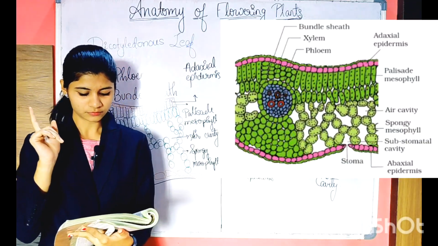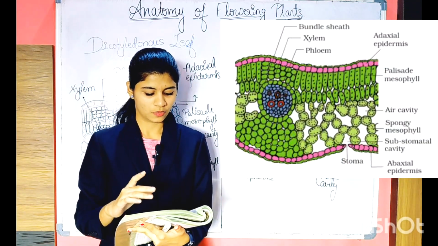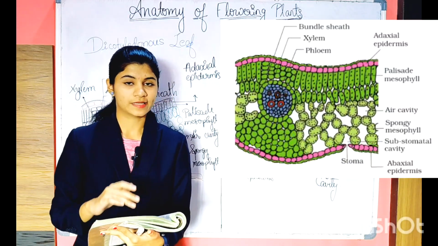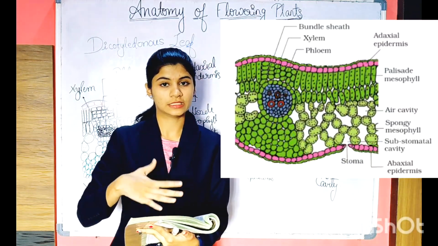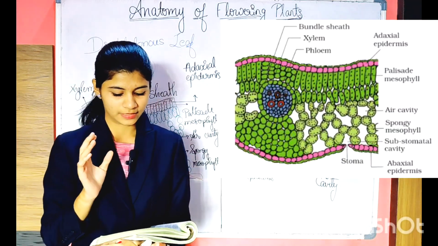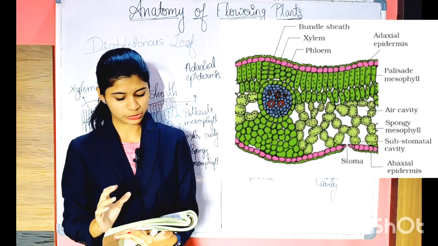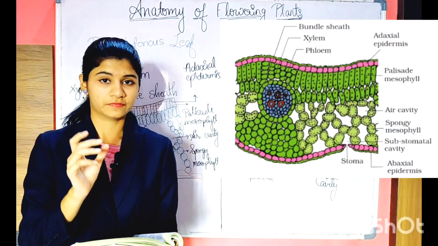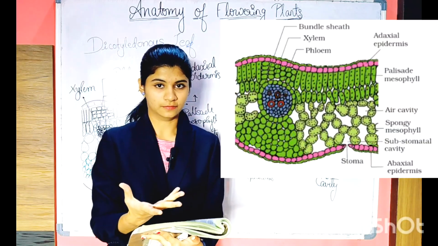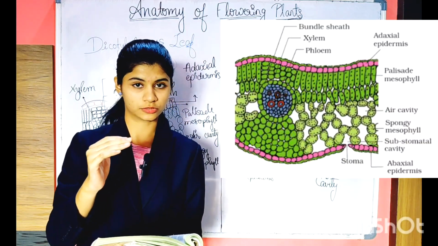Got it? Next, the size of the vascular bundles depends on the size of the veins. The vascular bundles are totally dependent on what? The veins. The veins vary in thickness in the reticulate venation of the dicot leaves. Vary means it may be big or small, tall or short.